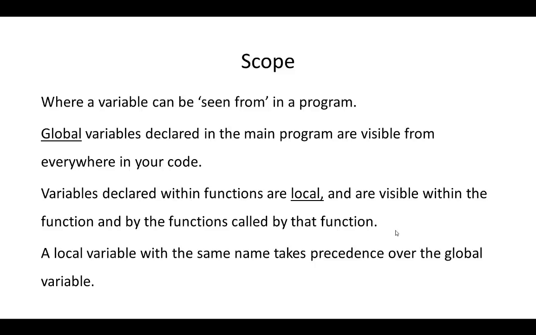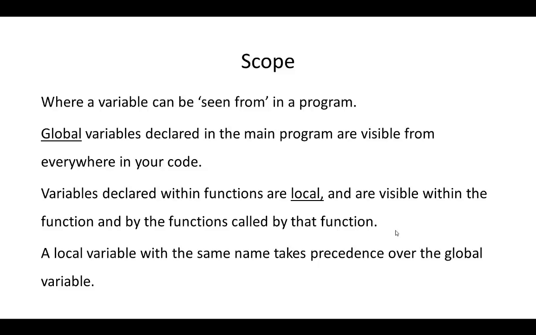The scope of a variable is basically where that variable can be seen from in the program. Some variables are hidden from parts of the program, others are visible to all of the program. So you need to understand a little bit about scope.